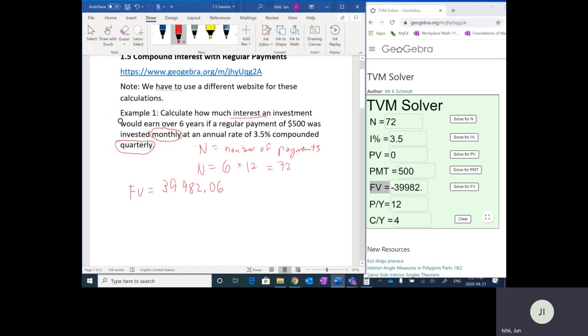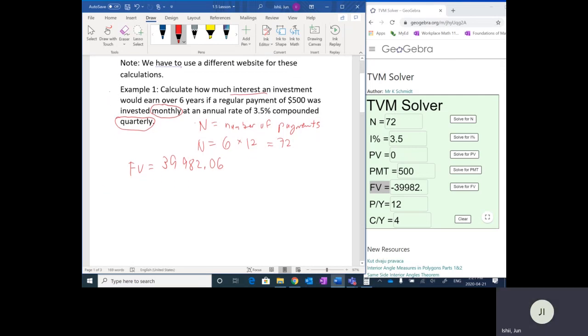Now we want to figure out how much we actually put in. We're going to do this by hand. So I'll write invested. It was $500 a month for 6 years, so we're doing 500 times 12 times 6.